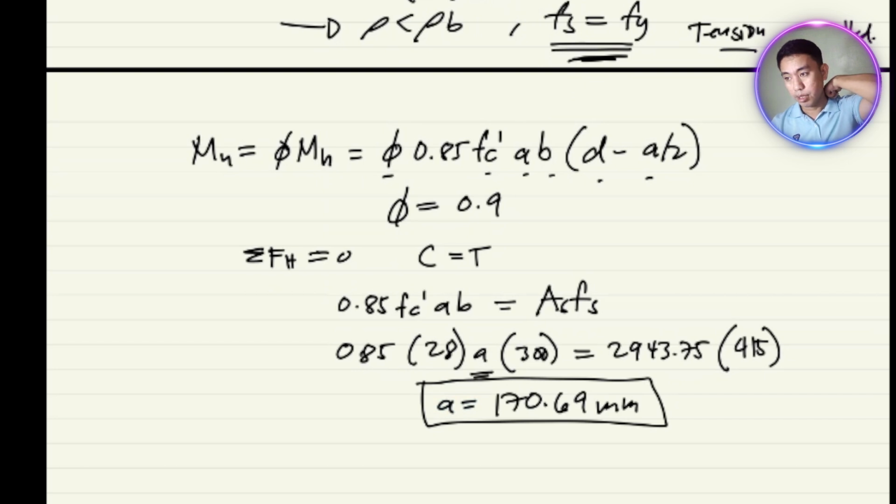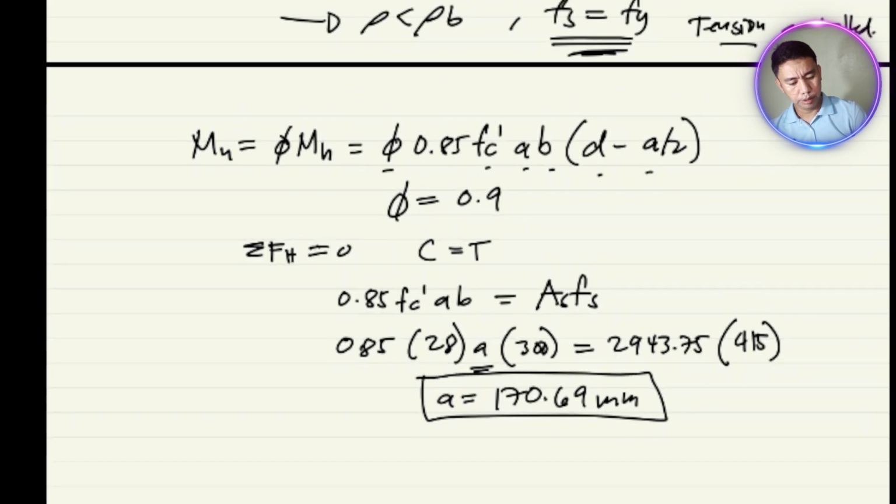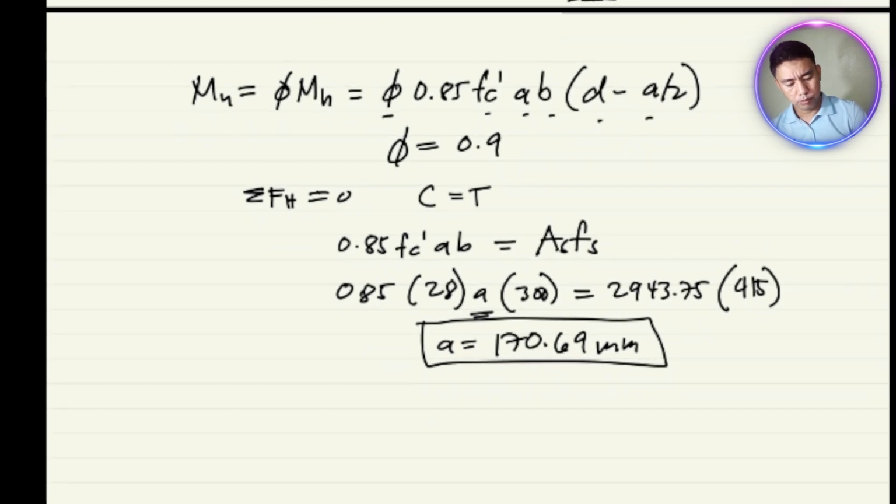Nakakompleto na yung, wala pa pala, meron pang Fs. We need to solve for Fs. We have c. c is a over beta 1, right?